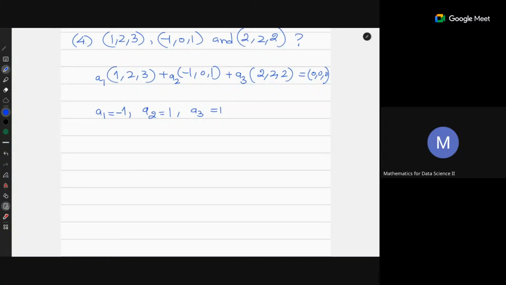So that means minus of this. So this is what I'm giving you. So just think of it as an exercise again. And the answer is this.